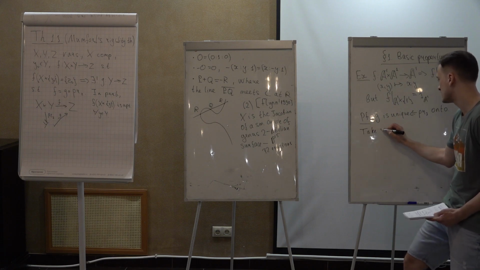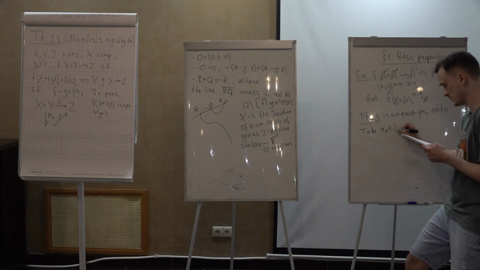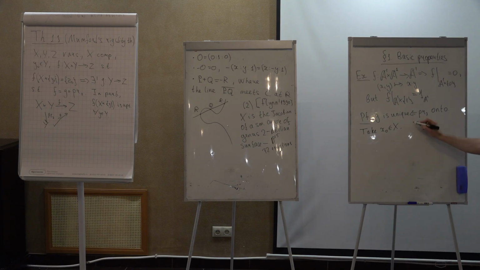Just take a point x0 in X and just set the map G of y equal to f of (x0, y). And if you look at this picture a little bit, it's basically the only way to define this. Well, of course, it remains to show that this f is equal to this composition.